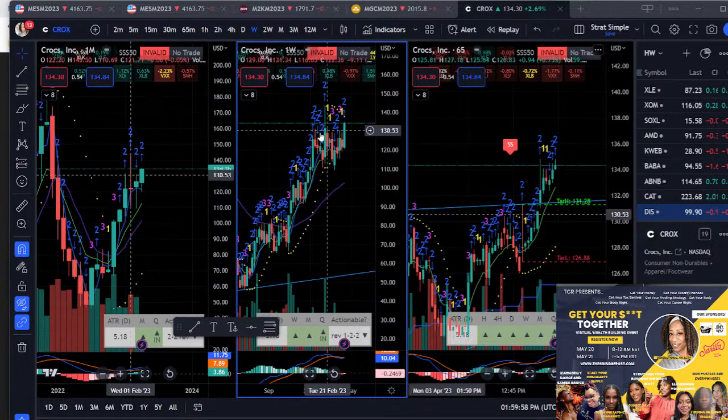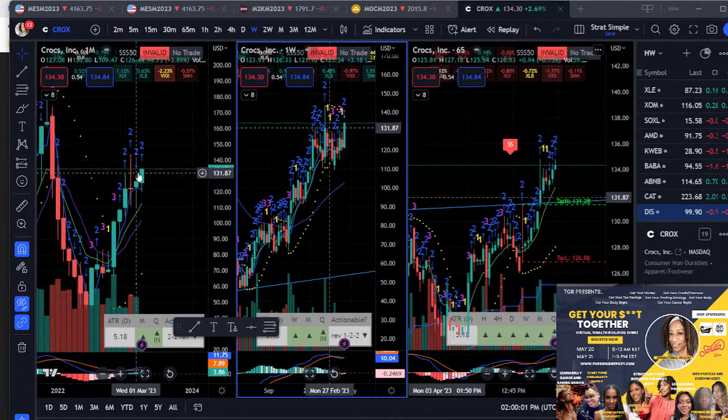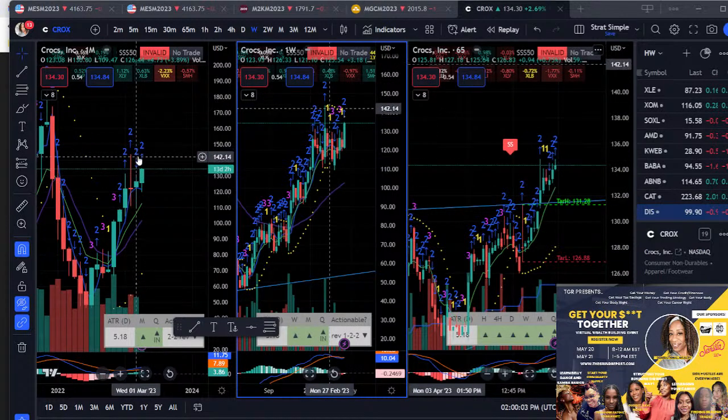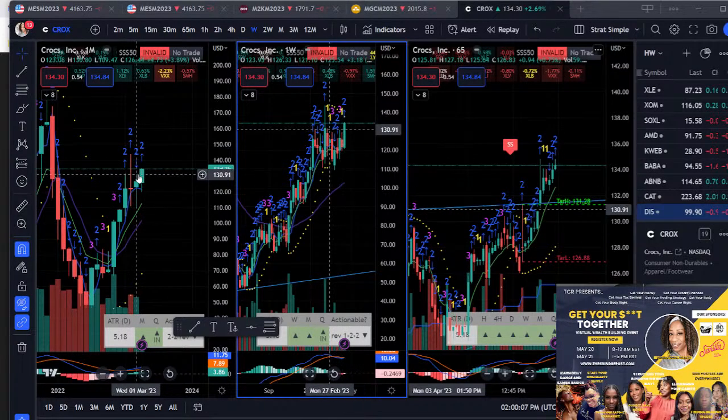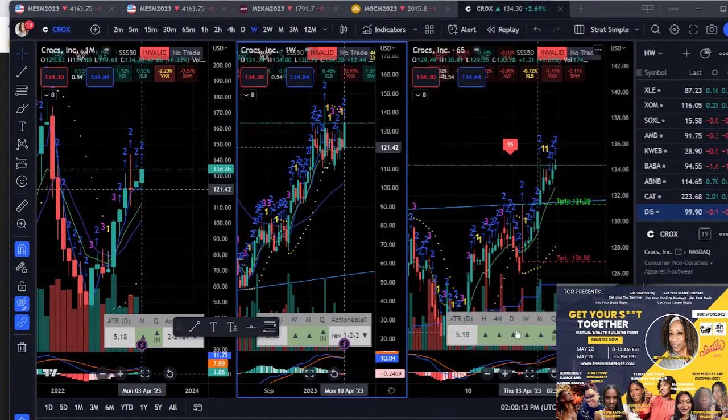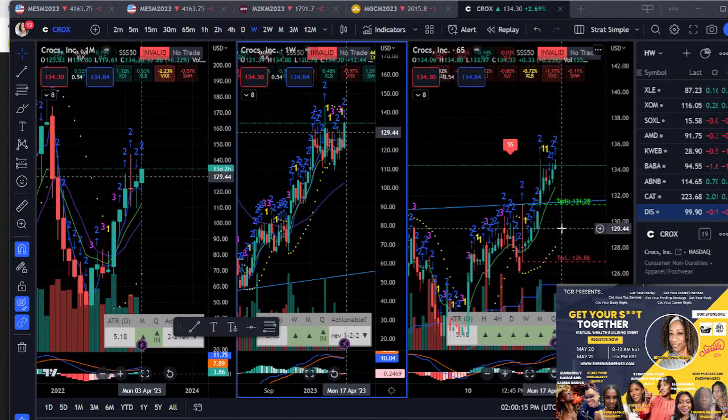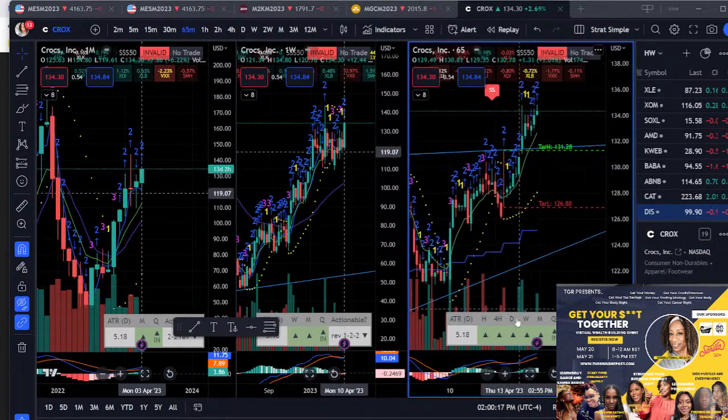But I mean inverted head and shoulders. But the fact that it's triggered the monthly should help break it out of there because it looks like it's starting. I like it. So as long as it stays above that 131 area, target 143. Which, I mean, with an ATR of $5, it can definitely do that easy.